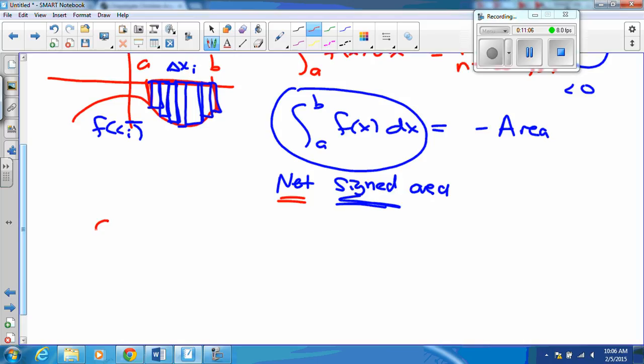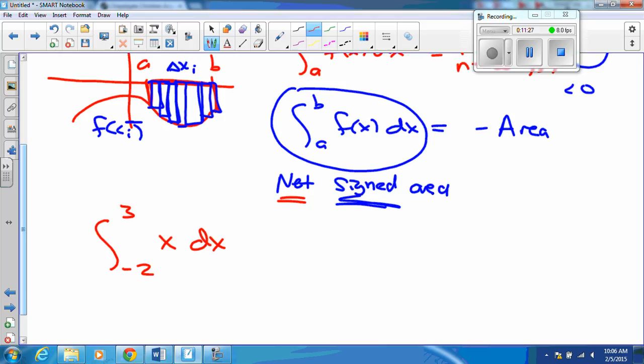So to illustrate this, let's consider the integral from -2 to 3 of x dx. What I'd like for all of you to do is to sketch this region and evaluate the integral using the idea of net signed area.